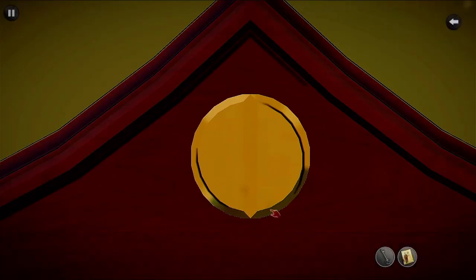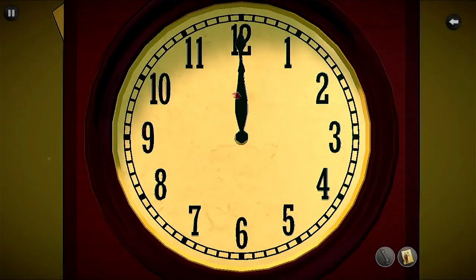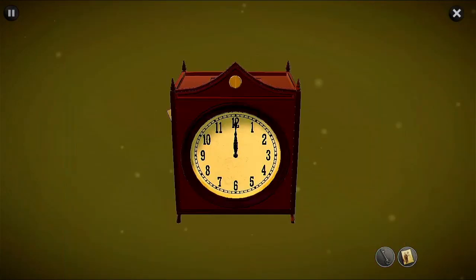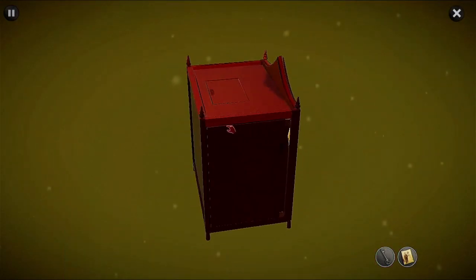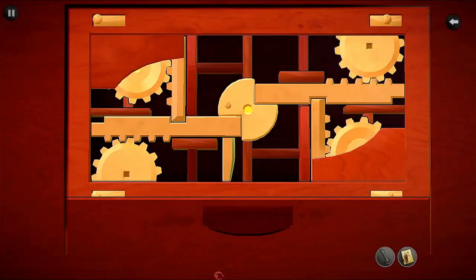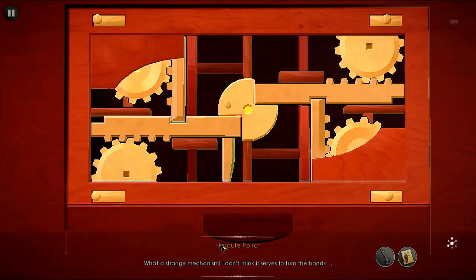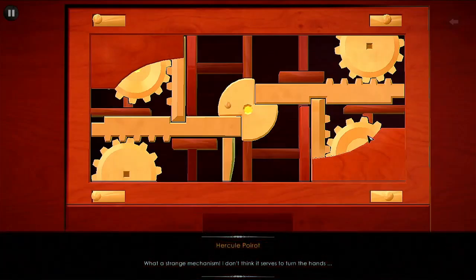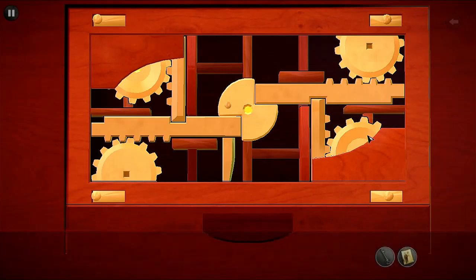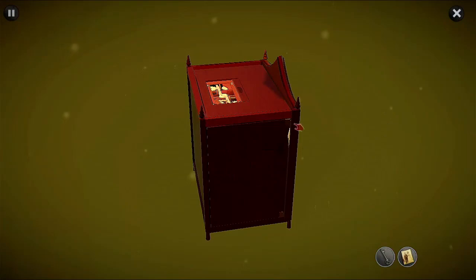This metal disc is stuck. How do we do... that didn't work. That's still... Oh, what a strange mechanism. I don't think it serves to turn the hands. Okay.